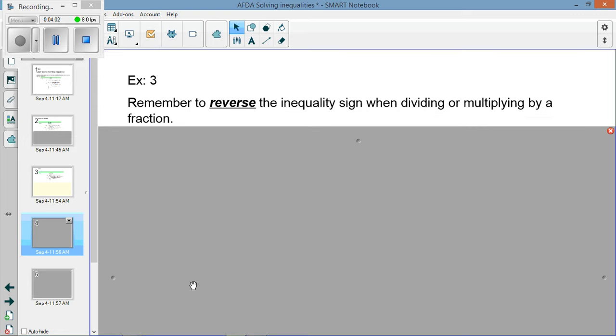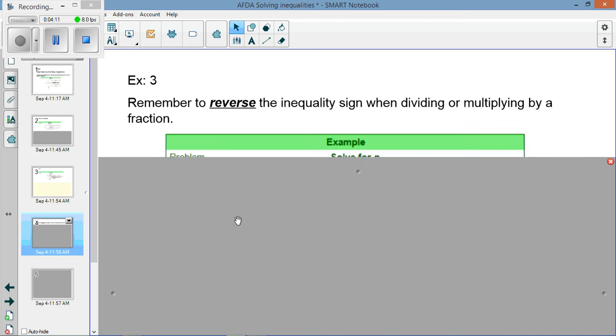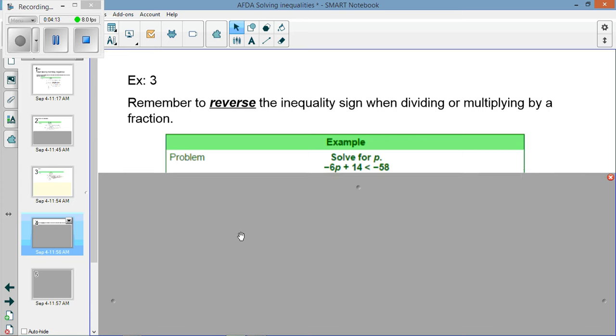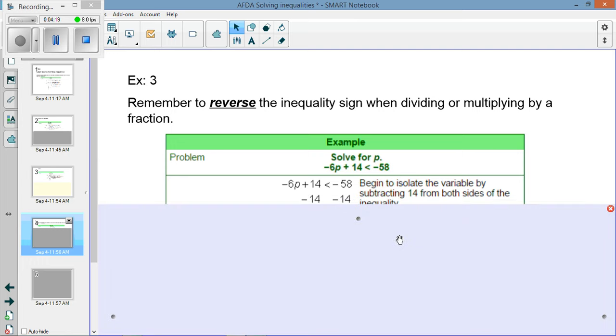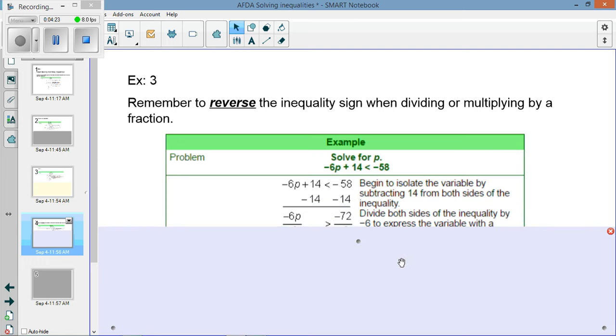All right, so here's an example where we're actually going to go through and show what happens when you multiply or divide with a negative sign. So we have our problem, negative 6p plus 14 is less than 58. So we'll isolate again, same steps. Subtract 14 from both sides. So I have negative 6p is less than 58.